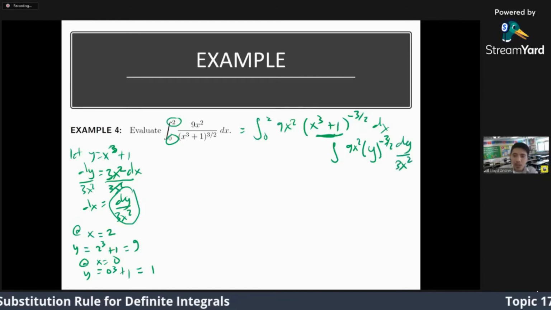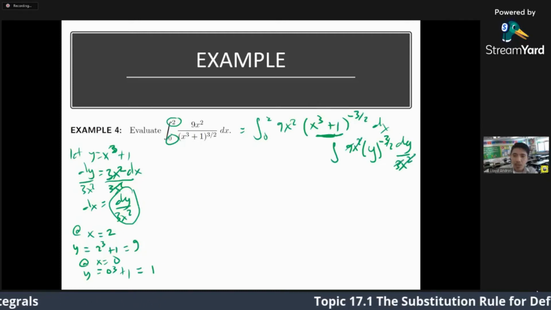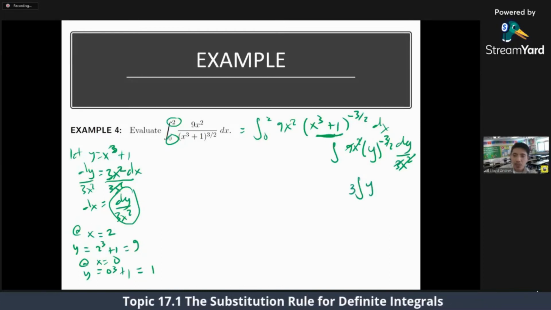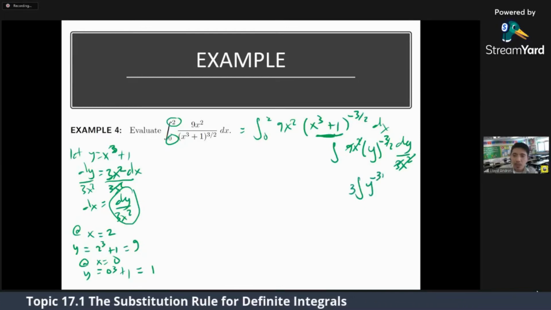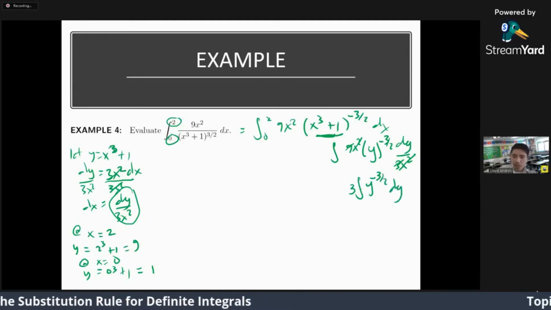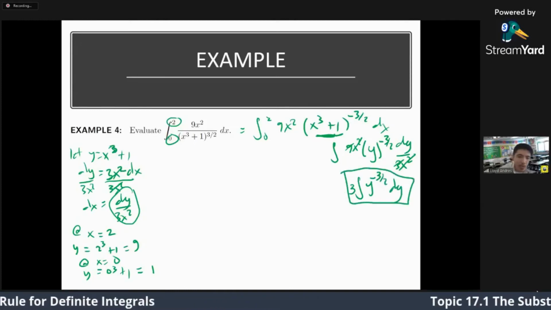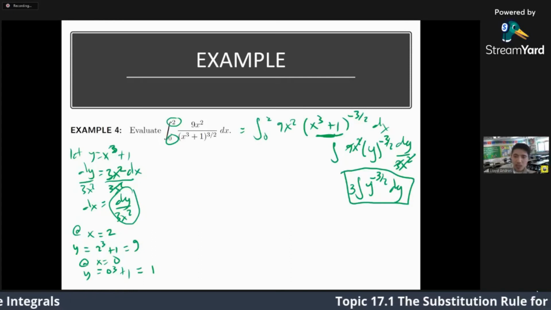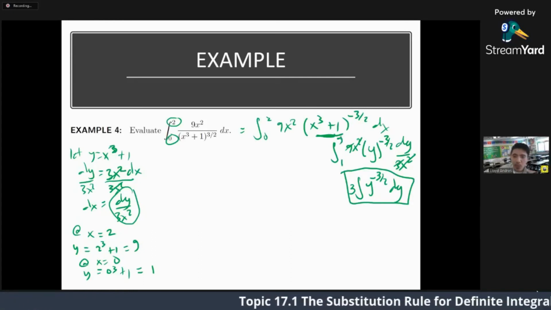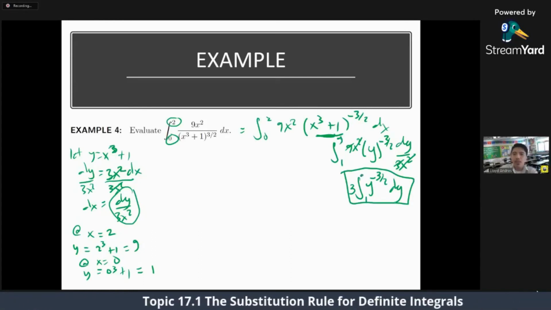So x squared cancels, and 9 divided by 3 is 3. So 3 can be factored out, y raised to negative 3/2 dy. That is the simplified form. By the way, our limits are from 1 to 9.